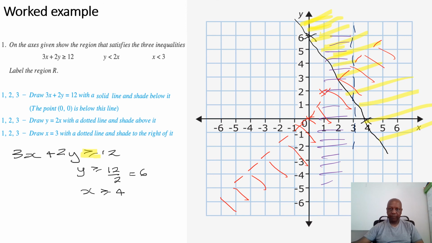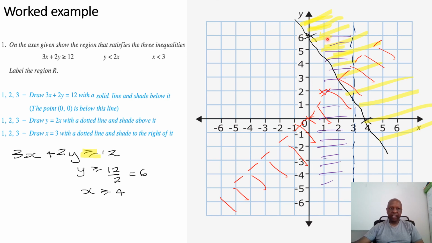There we go. Now, remember the question. Go back to the question. On the axis given, show the region that satisfies the 3 inequalities. Now, the region that satisfies the 3 inequalities, we had x is less than 3, which is that region on the left there.